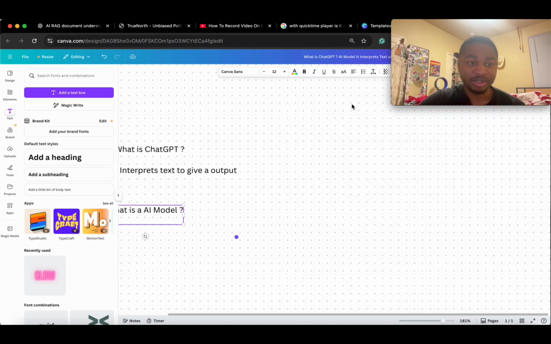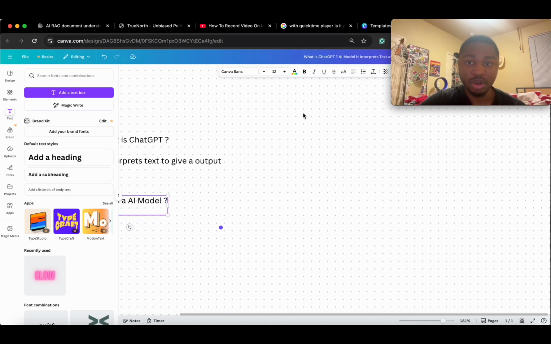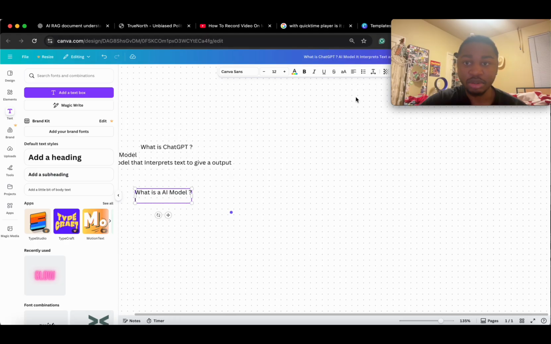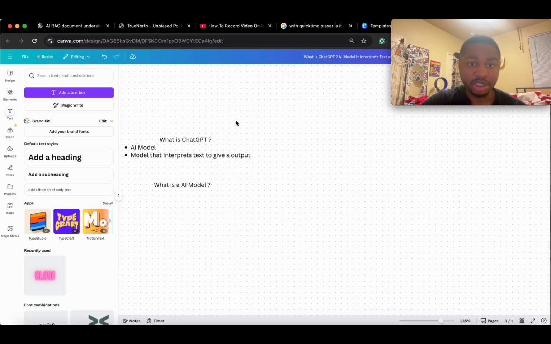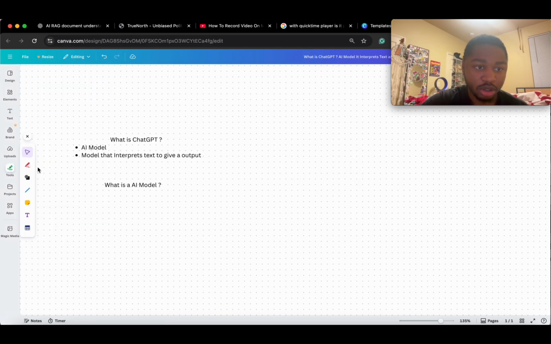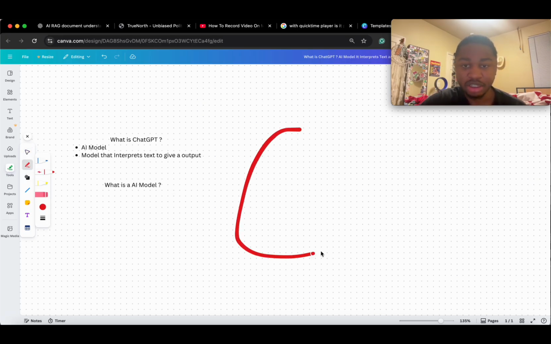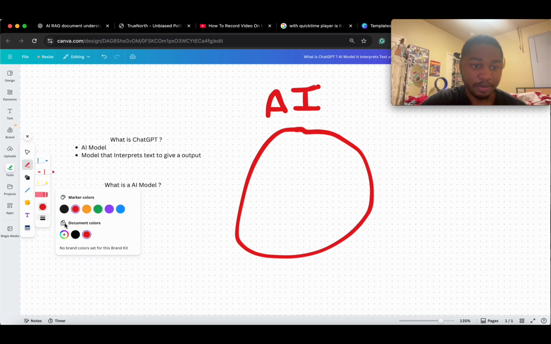We could get more specific if you wanted to know what ChatGPT is, right? In the realm of AI, imagine this as AI right here. That's AI, right? Within AI, you have little small bubbles, right?